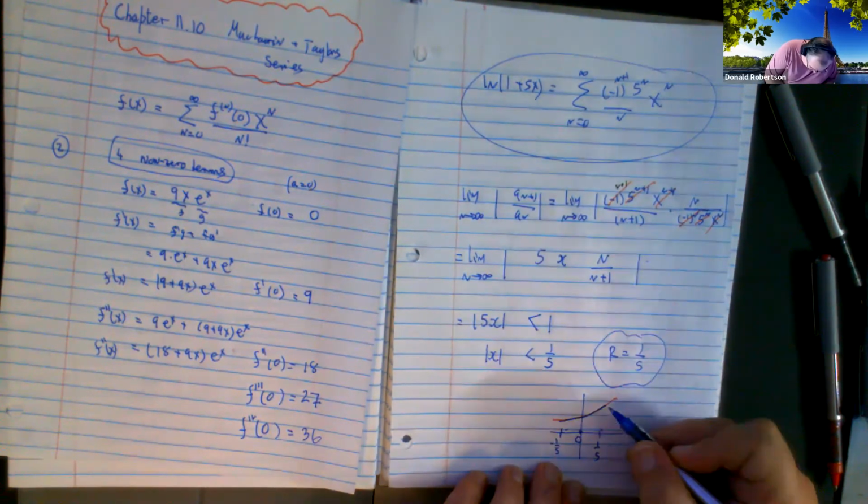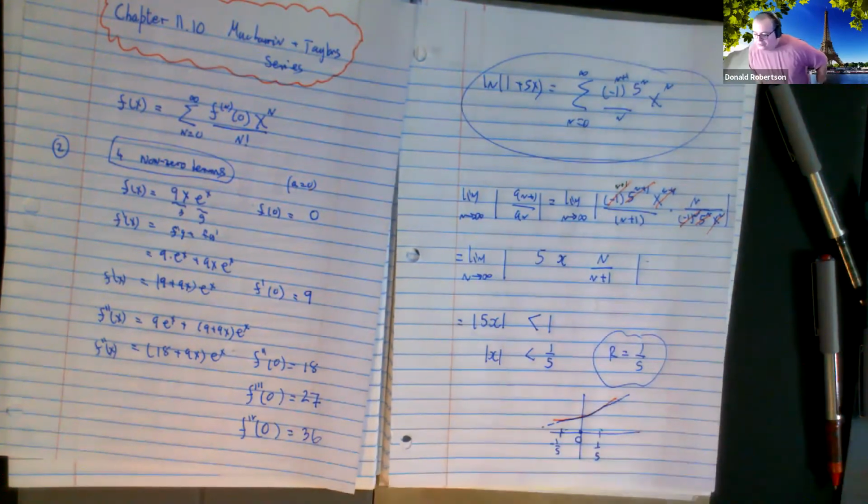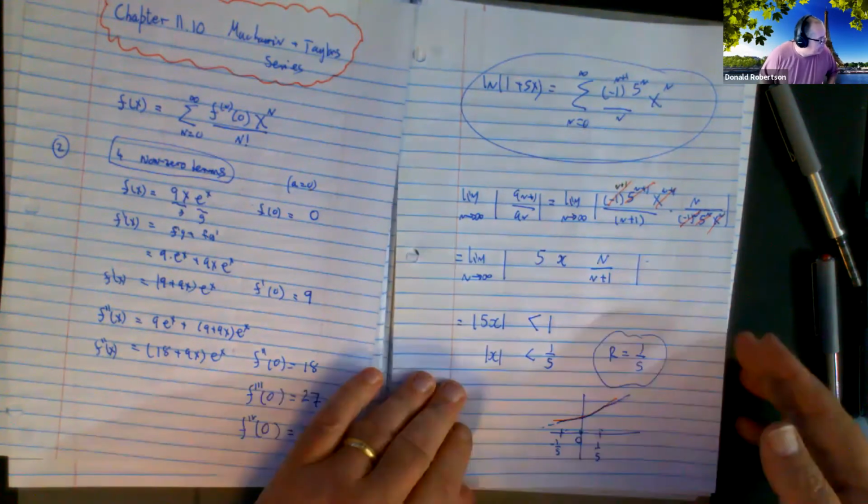And then it'll probably start drifting, right? So it gives you a kind of ballpark place to be comfortable that the first 4 or 5 terms are probably going to give you a good approximation, as long as you're only using a range of x, in this case, between plus and minus 1/5.